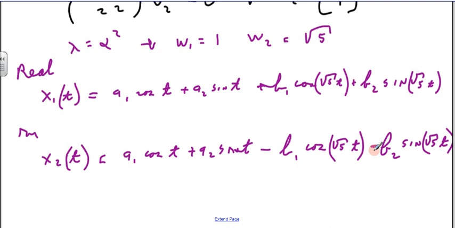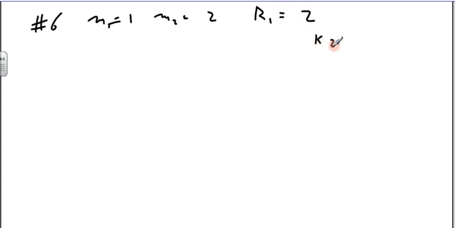Okay, moving on to number 6. I have M1 is 1, M2 is 2, K1 is 2, K2 is equal to K3, which will be 4.